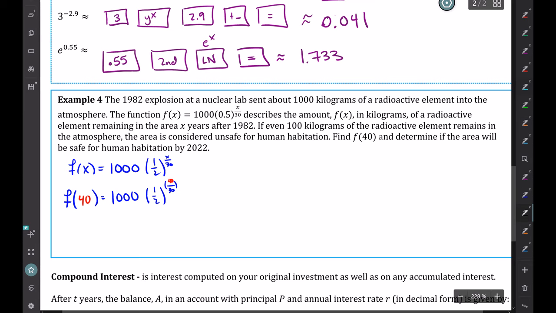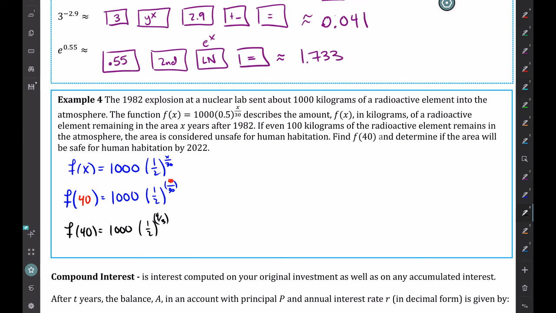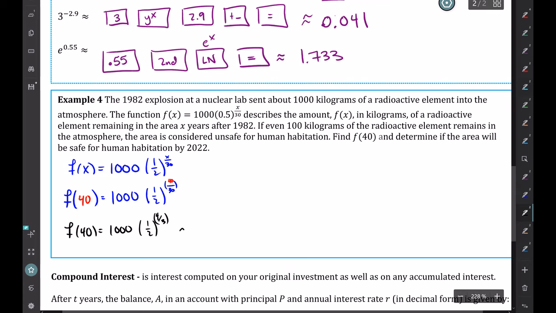So we're really looking for f of 40 is 1,000 times 1/2 to the 4/3, which you could write as 1.333. And what you should get is 396.85 kilograms. And that's much more than the 100 kilograms that was considered safe. Okay, so the takeaway here is that it's not safe to live near that spill site yet.